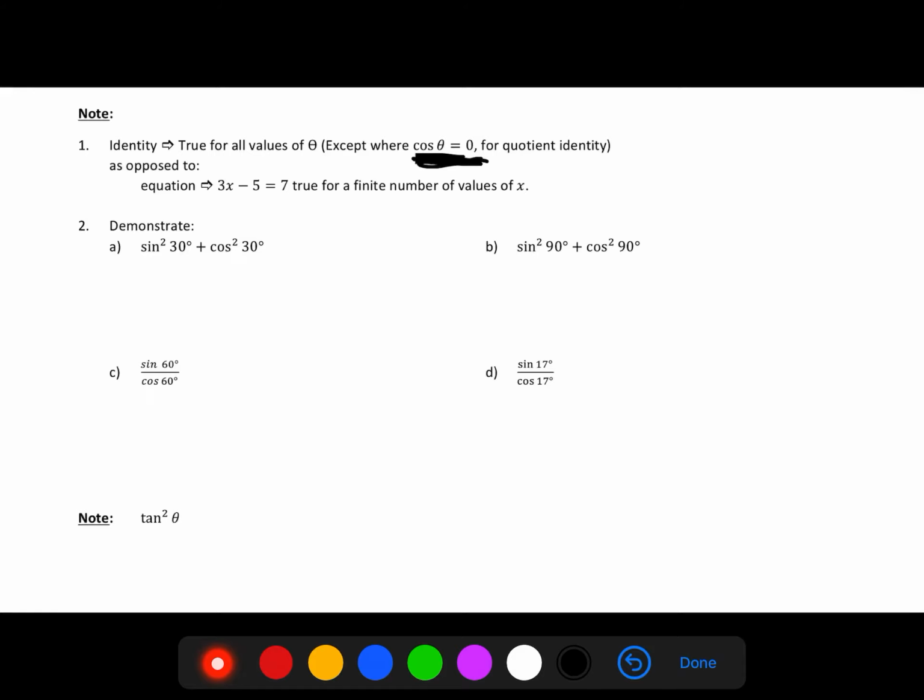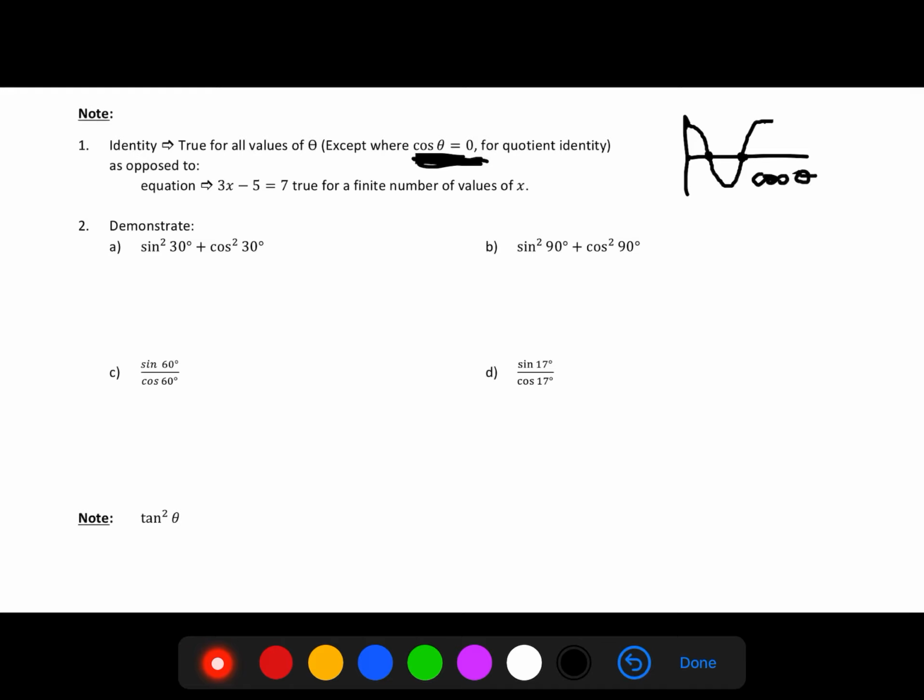Now, the reason that they're called identities is because they're true for any angle. So we could figure that out with a 60-degree angle, a 75-degree angle. The only one that it doesn't work for, obviously, when we're talking about tan theta equals sine theta over cos theta, is where cos theta is equal to 0.